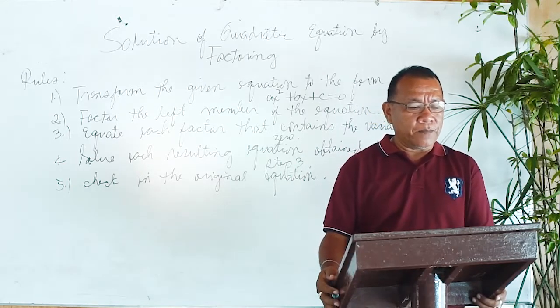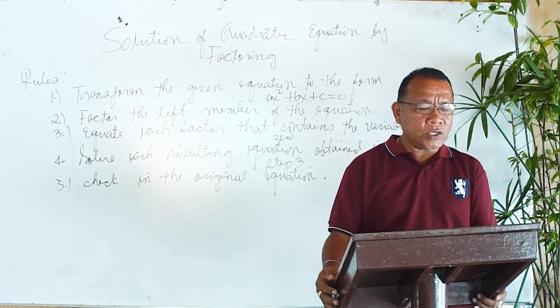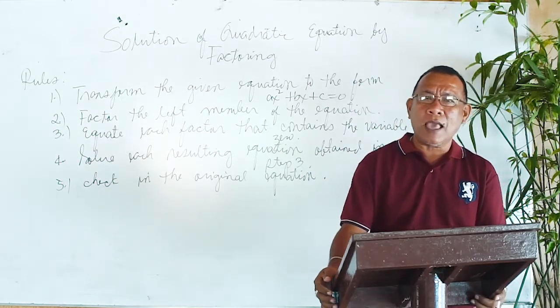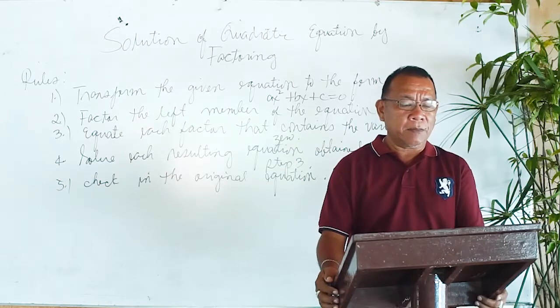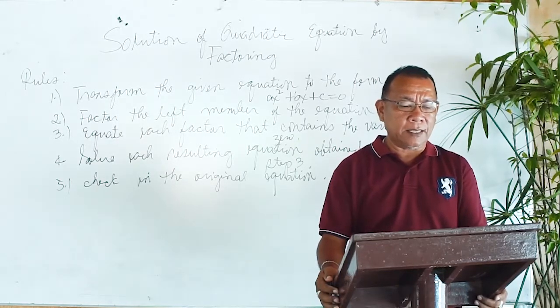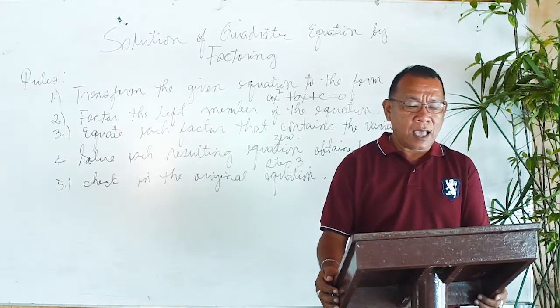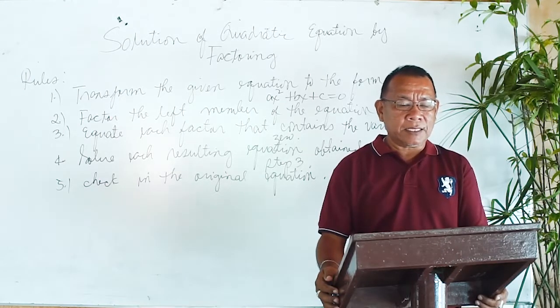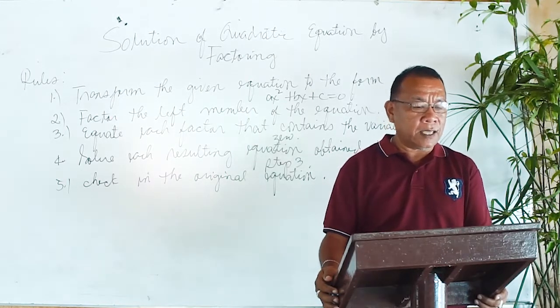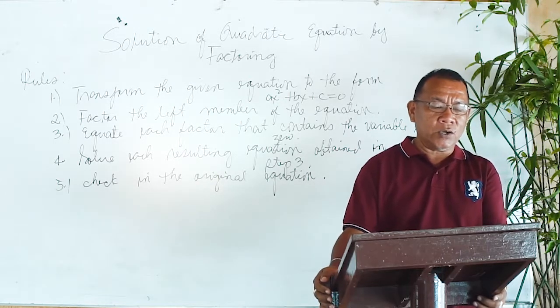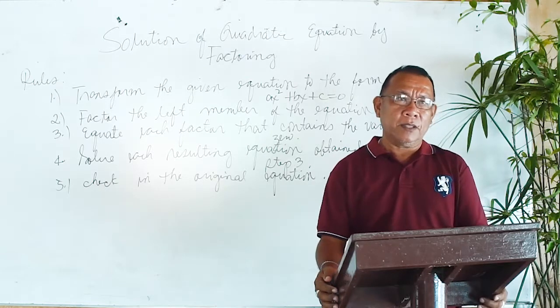If a quadratic equation can be reduced to the form ax squared plus bx plus c, where ax squared plus bx plus c is factorable, then the equation can be solved by factoring.